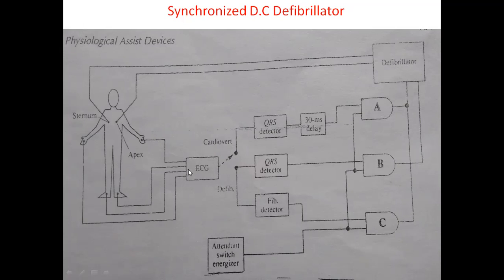The obtained ECG waveform depends upon the variations in the QRS waveform, so here we have to use a QRS detector. Here we have two options, one is cardioversion and the other defibrillation. There is a QRS detector with a 30 millisecond delay. We also have an attendant switch energizer.